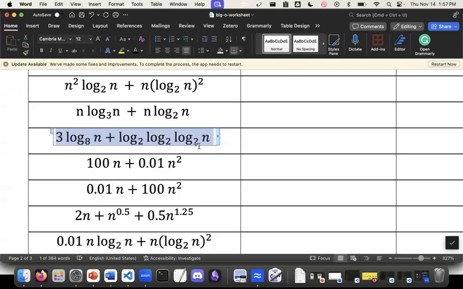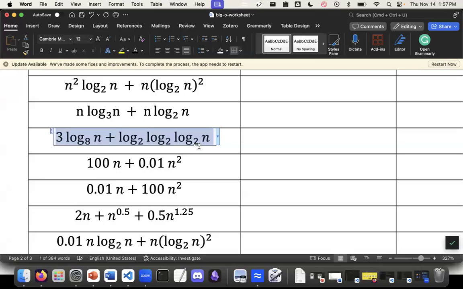And I'm just going to check my solution to make sure I'm not making this up. Here it is. It's log 8, because you go with the bigger base.